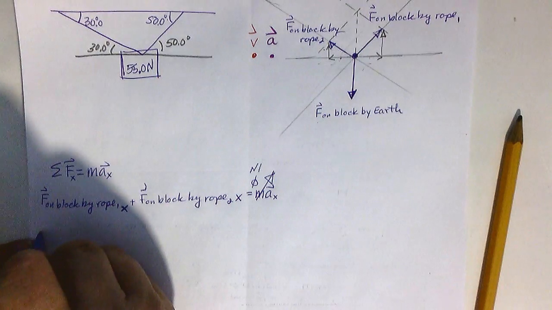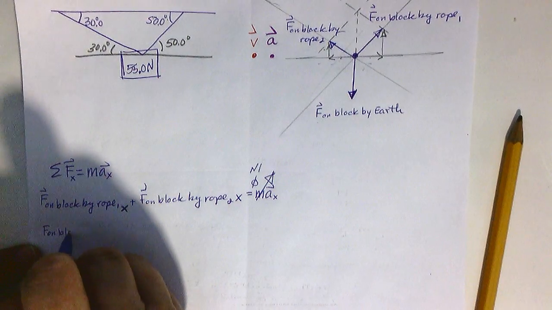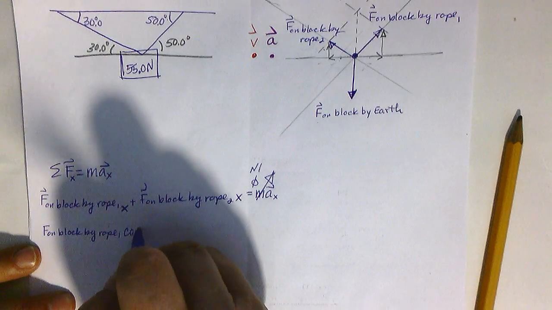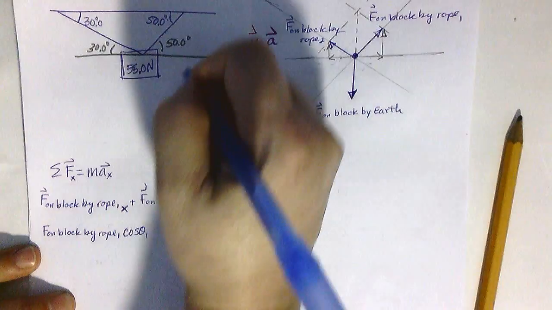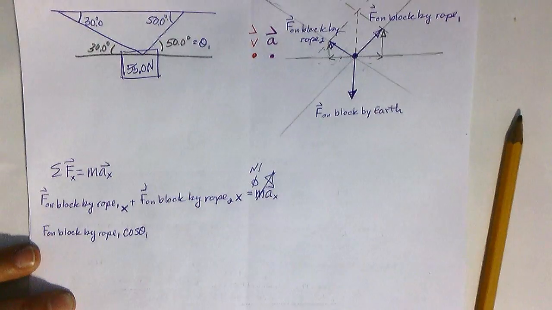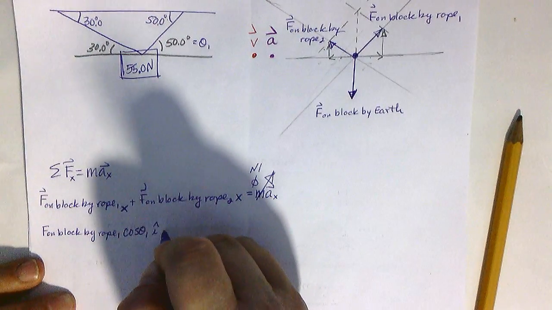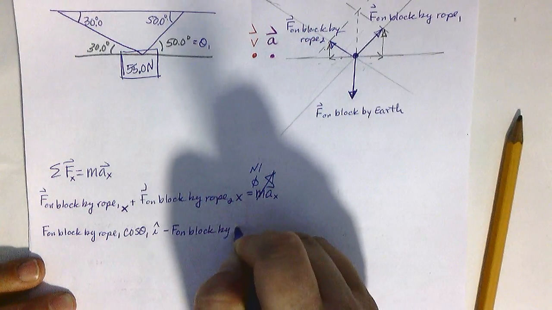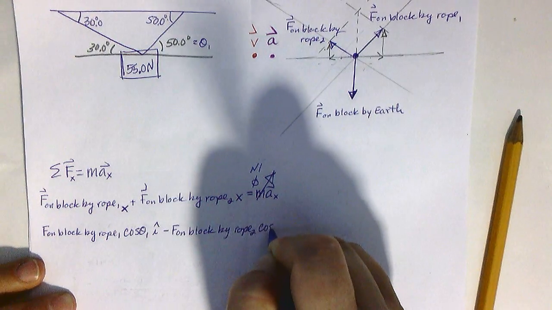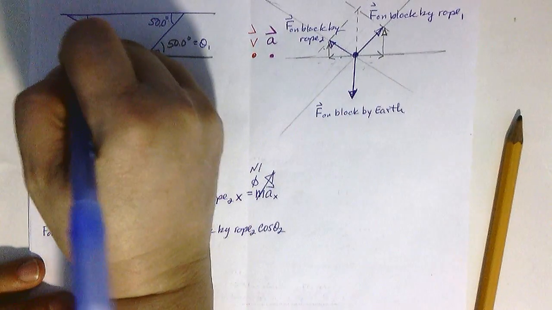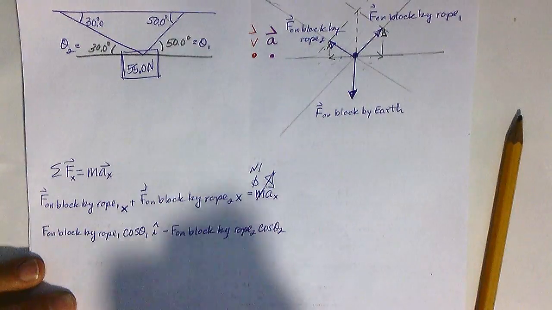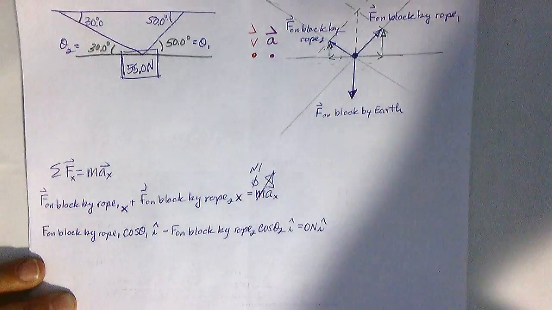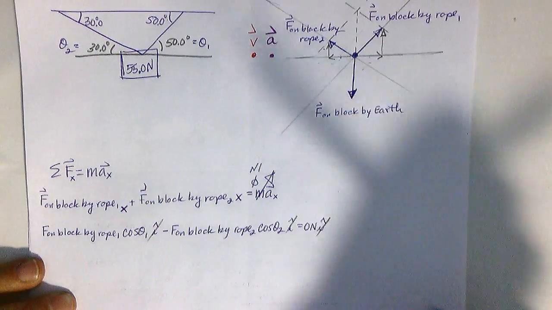Rope 1 is going east, so that's going to be force on block by rope 1 times the cosine of theta 1, where theta 1 is equal to the 50-degree angle, and that's i hat, minus force on block by rope 2 cosine theta 2, where theta 2 is the 30-degree angle, i hat, and that's equal to 0 newtons i hat. The i hats cancel out.